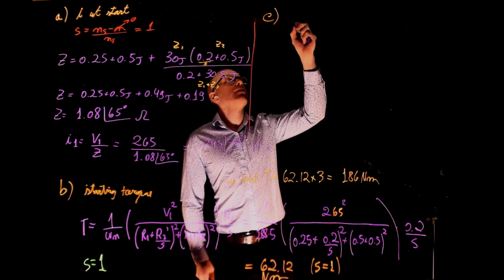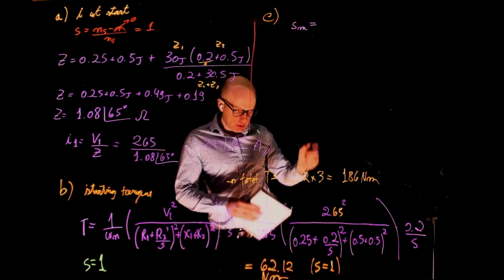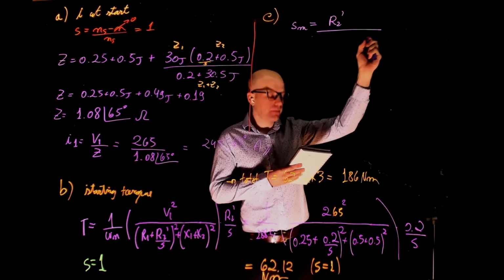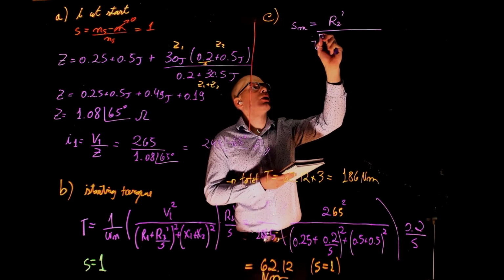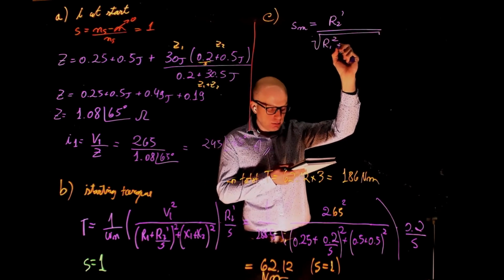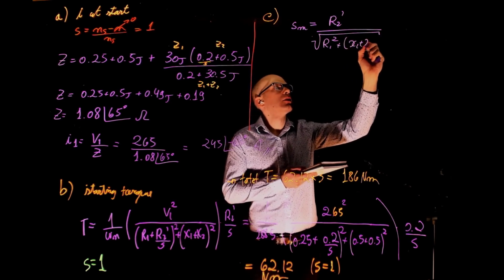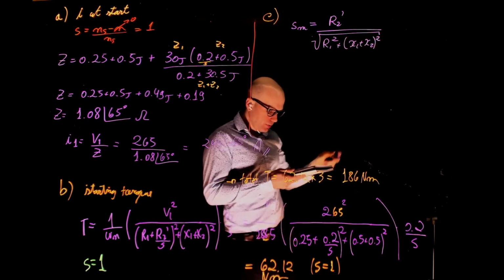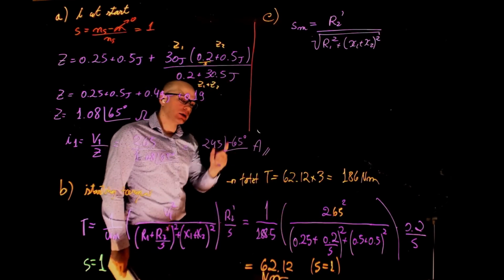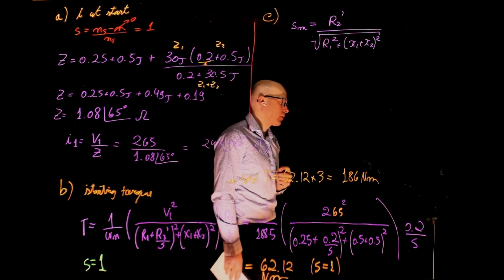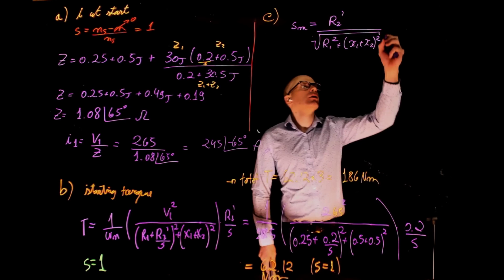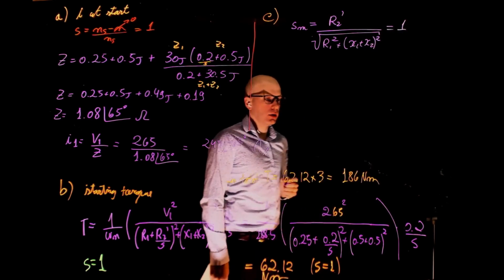Recall that Sm was given by R2 prime divided by the square root of R1 squared plus (X1 plus X2) squared. If you want the maximum torque to occur at start, what should Sm be? 1. Exactly. You can simply equate this to 1.